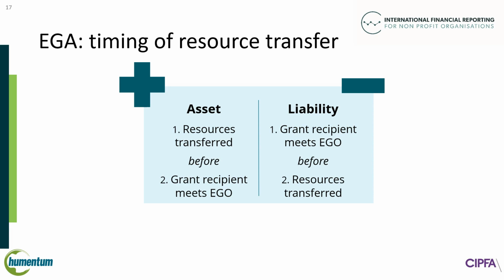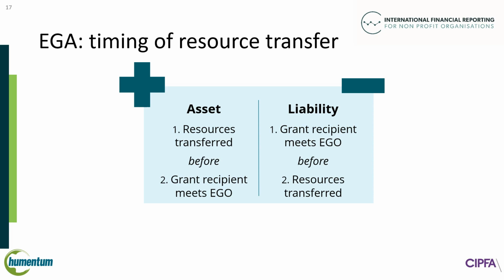If a grant-providing NPO transfers resources before the grant recipient has met its EGO, it recognizes a prepayment asset. This is measured at the total carrying amount of the resources that have been transferred. When the grant recipient meets the EGO, the prepayment asset is derecognized, and a corresponding grant expense is recognized.